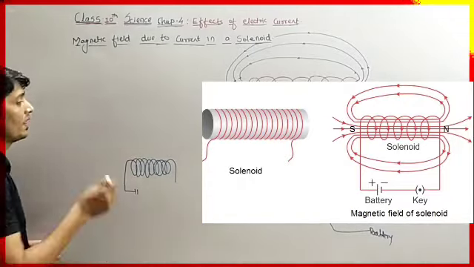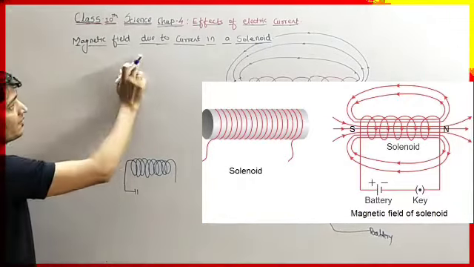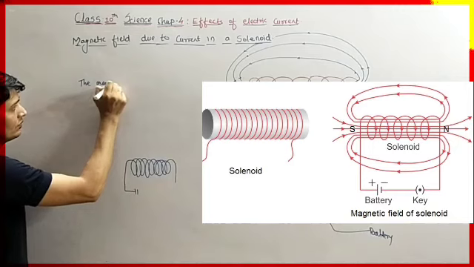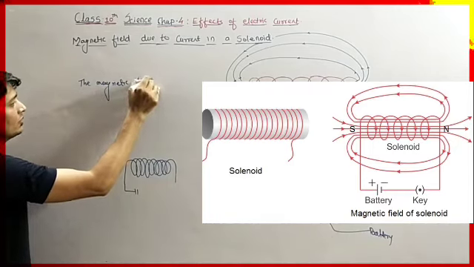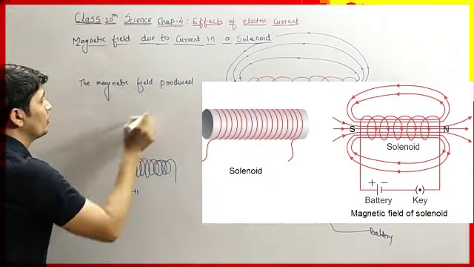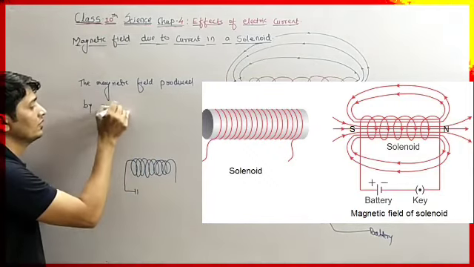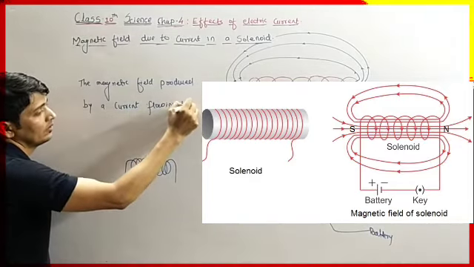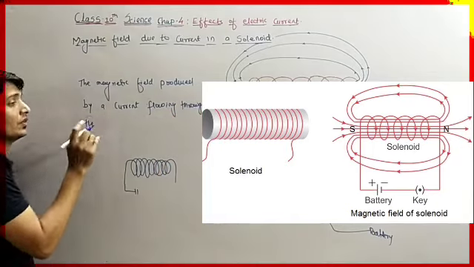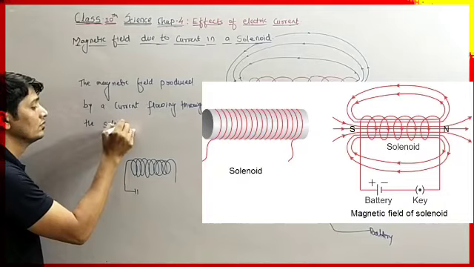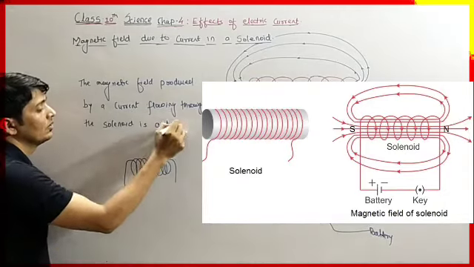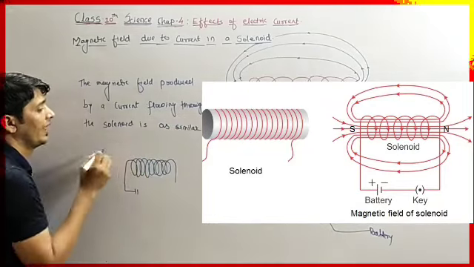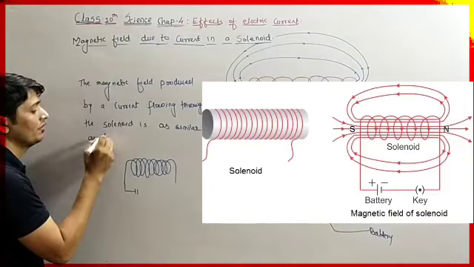So we have to write the conclusion of this topic. Magnetic field due to the current in a solenoid: the magnetic field produced by a current flowing through the solenoid is similar to the magnetic field of a bar magnet.